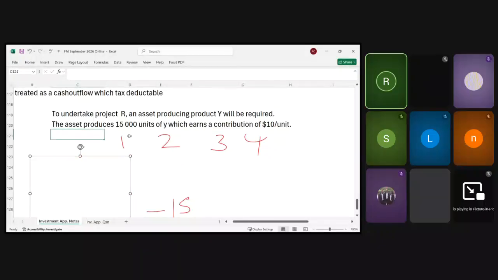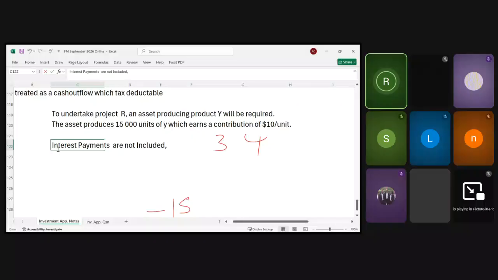You might also have a situation whereby interest payments are there. What you need to know is that interest payments are not included.